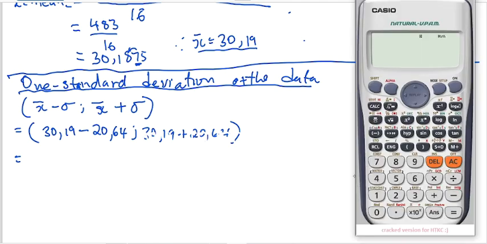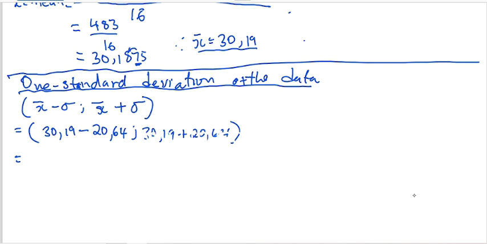So the interval of the lower boundary, we have a problem with our calculator here, so let's just work away from that. We're going to have 30,19 minus 20,64, which gives 9,55.